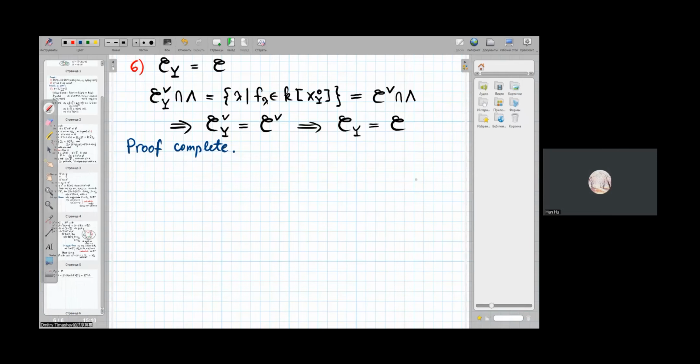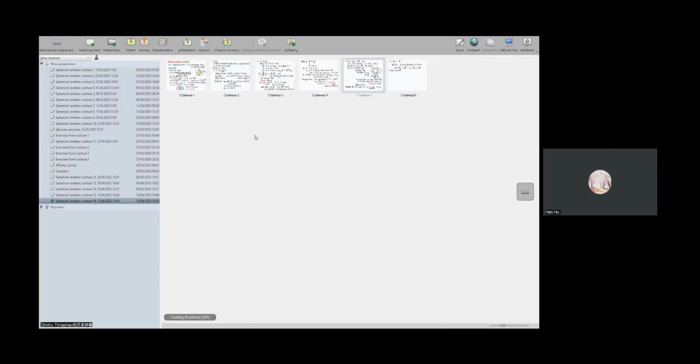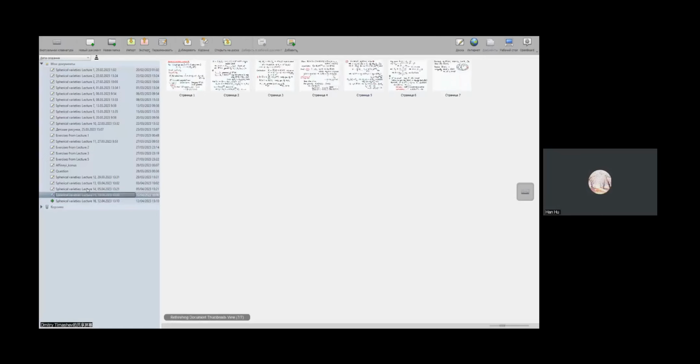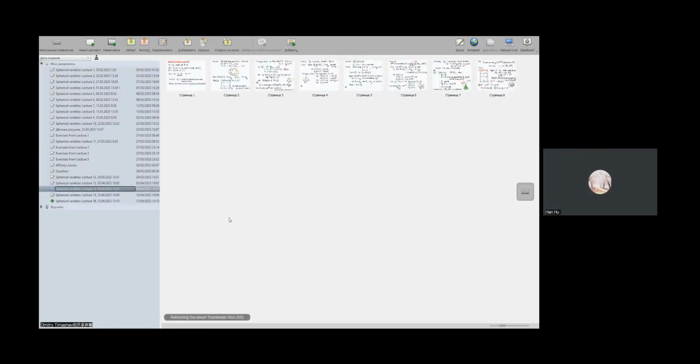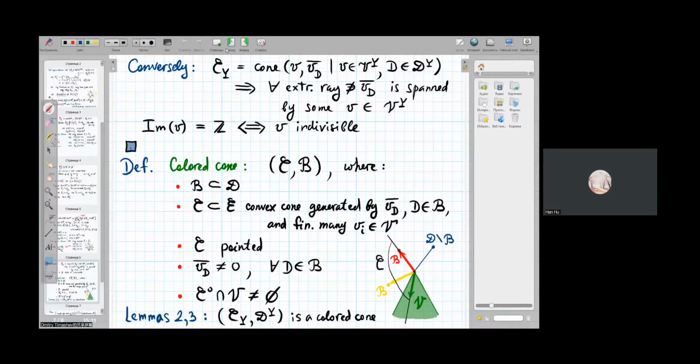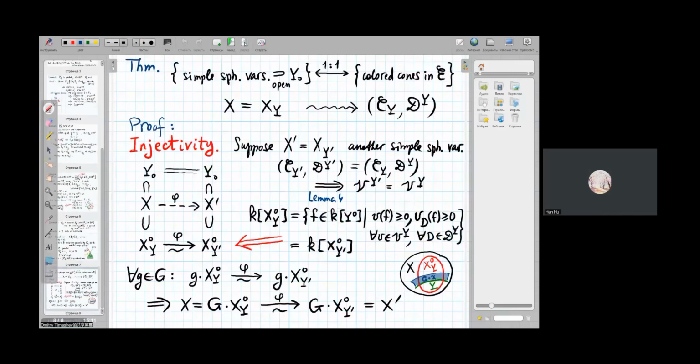So the outcome of our considerations is that, let me show you again this theorem. Yeah, this one.